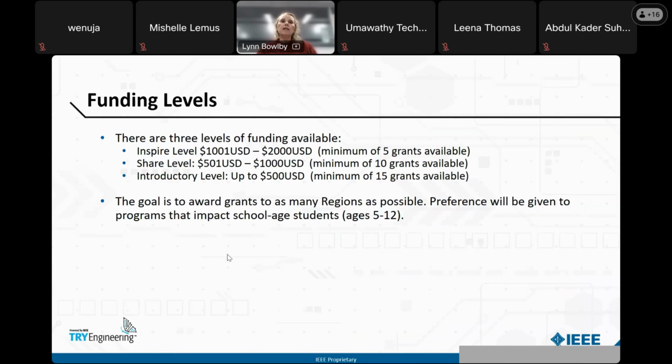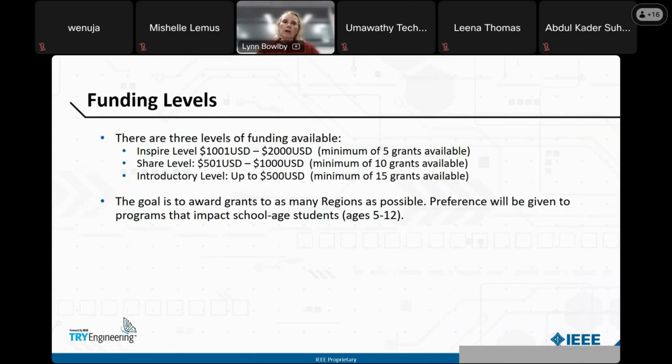Now, in terms of funding levels, there are 3 levels of funding available, and you're going to indicate the level of funding that you would like to be awarded. So there's our Inspire level, which is our highest level of funding, at $1,001 to $2,000 US. We are going to grant a minimum of 5 grants at that level.